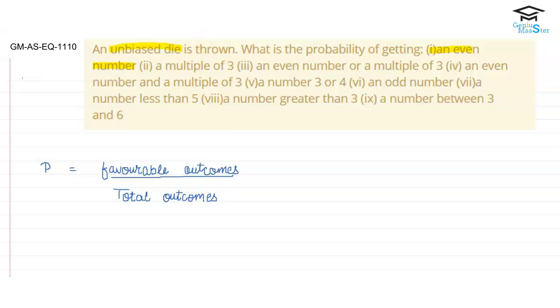So, in the case of a single die, total number of outcomes will always be equal to 6. It can be 1, 2, 3, 4, 5 or 6 and not anything else.